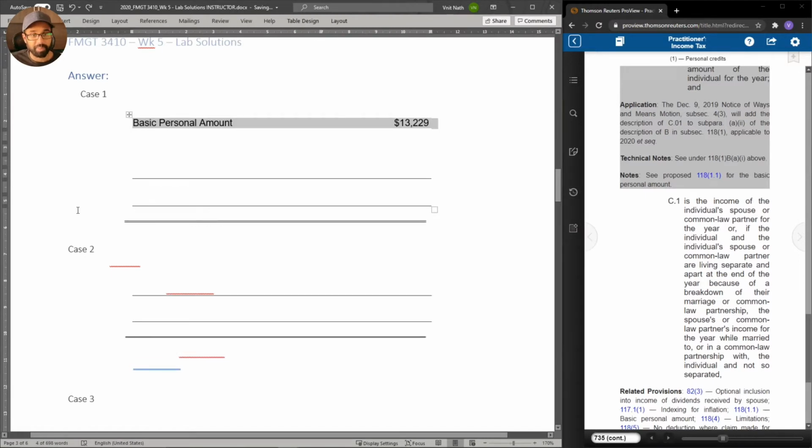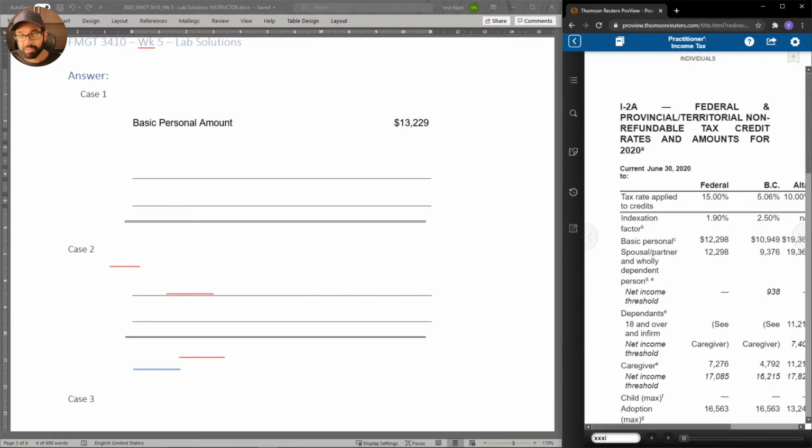So we can go ahead and start populating our answer. The basic personal amount, 13,229. Another place you could find this, actually for many of the tax credits, is to go to the tax reference tables at the front of the Income Tax Act. Here it is, the federal and provincial tutorial non-refundable tax credit rates and amounts for 2020.